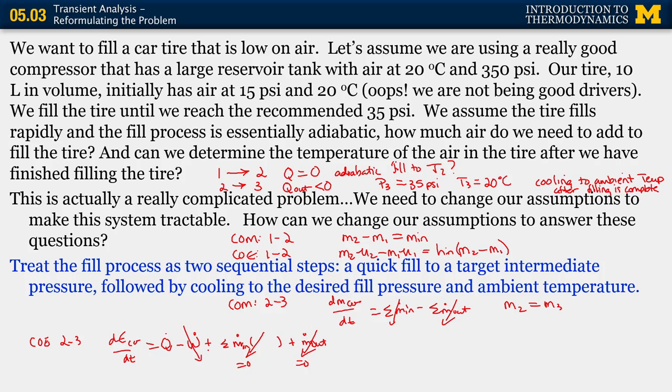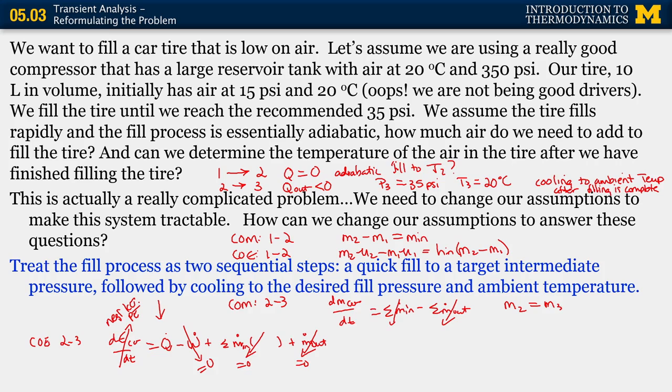Now here, we have a fixed volume. We still have a fixed volume, so we don't have to worry about any work in this system. So we know that this is equal to 0 for the same reasons the work transfer is equal to 0 from the fill process. Now, we've already identified that from 2 to 3 is a cooling process, so we can't eliminate this heat transfer term. But we will go ahead and, again, neglect kinetic and potential energy effects.